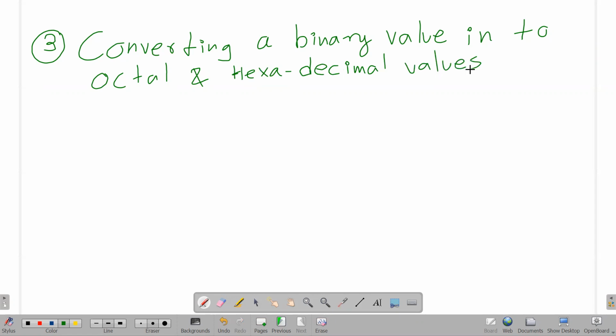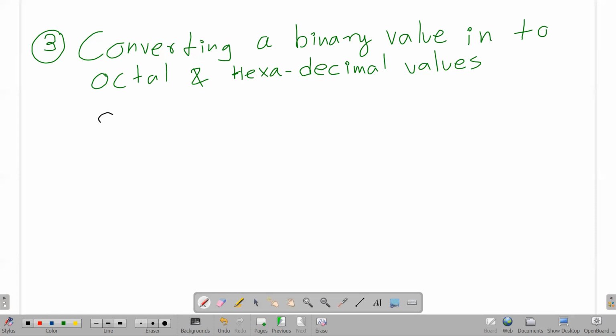Now this is also a very easy one. All of you may find this is the easiest of the conversion types, right? So let's take the first example.